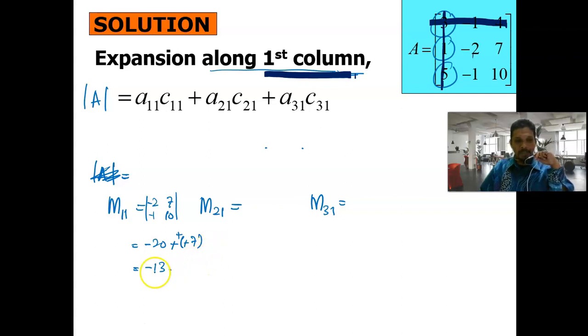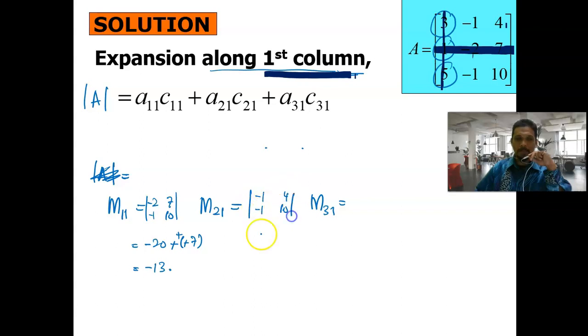Okay. Then next, delete the row. Then we delete the element in the second row. So now we got negative 1, 4, negative 1, 10.